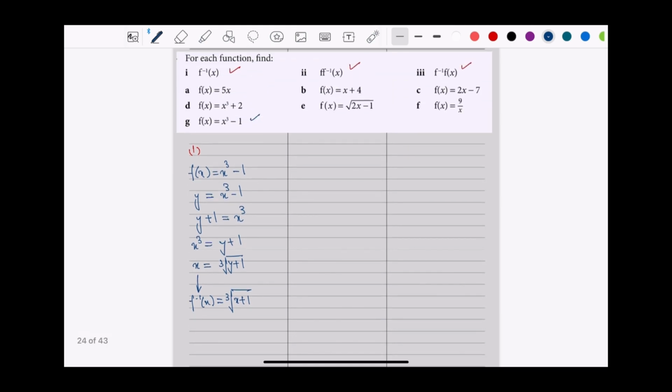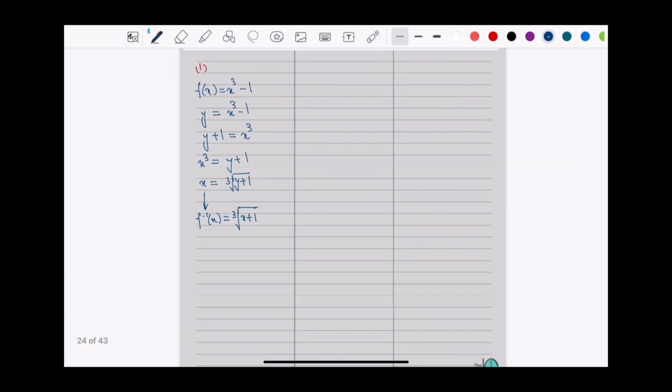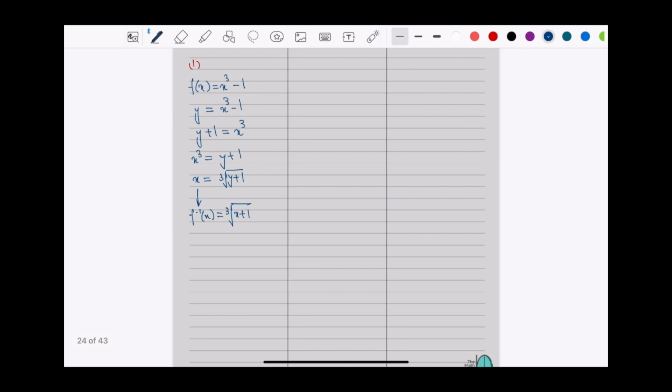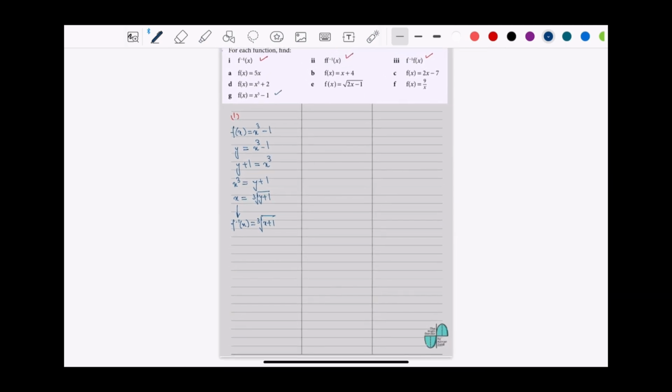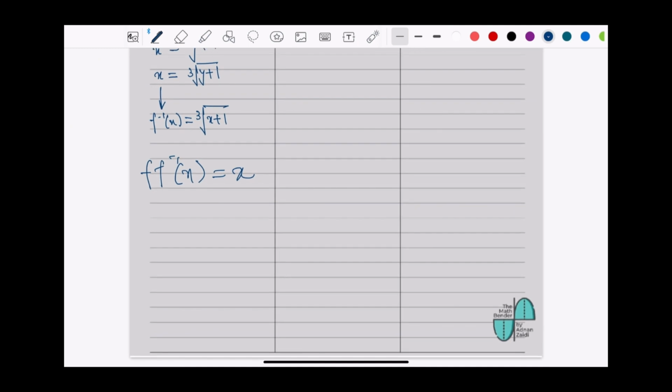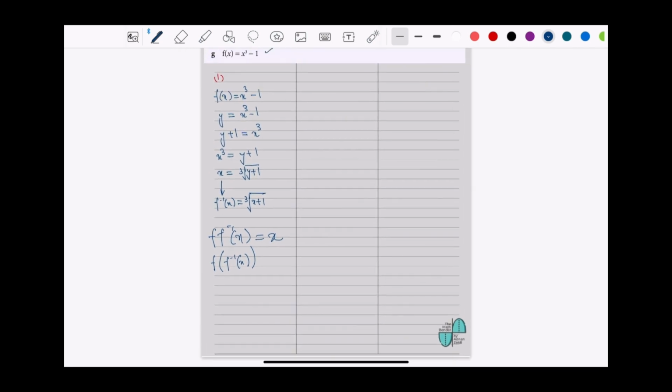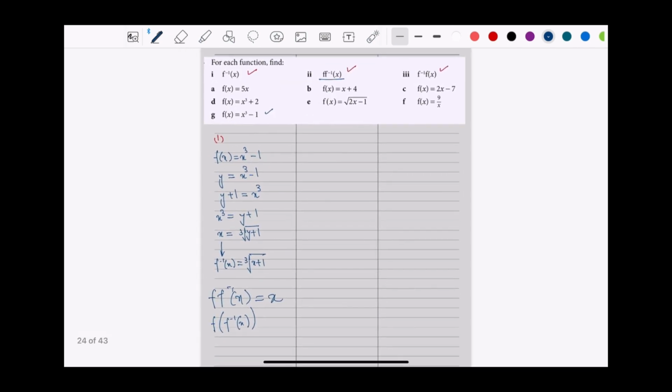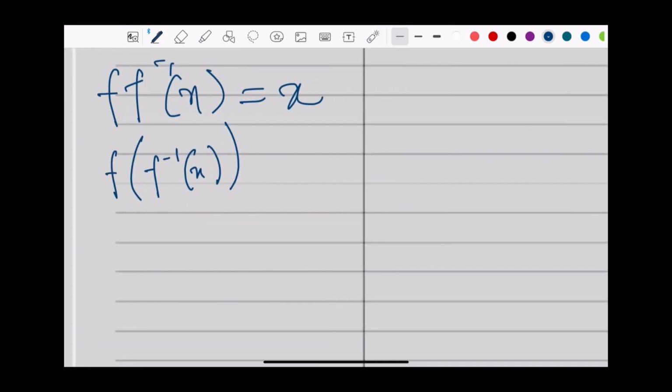Now technically f of f inverse of x is only x. So you can straight away write this. Let's see. In the normal function, I plug in the value of f inverse of x. The normal function that we have is x cube minus 1.